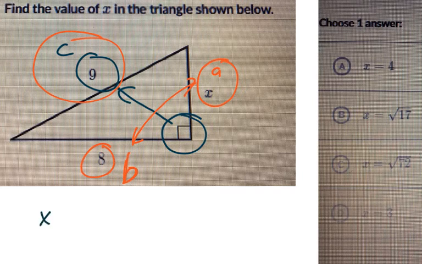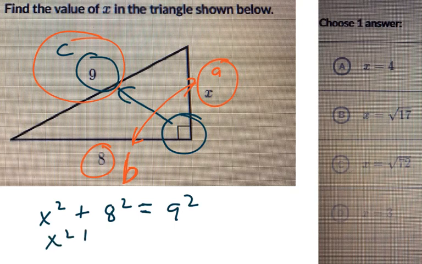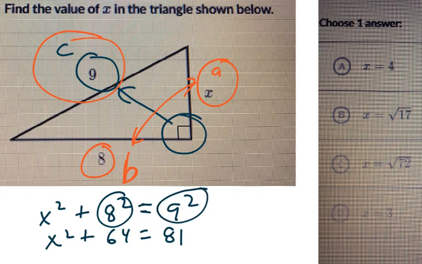I know that if I take A squared plus B squared, that equals C squared. X squared plus 64 equals 81. 9 squared is 81, right?